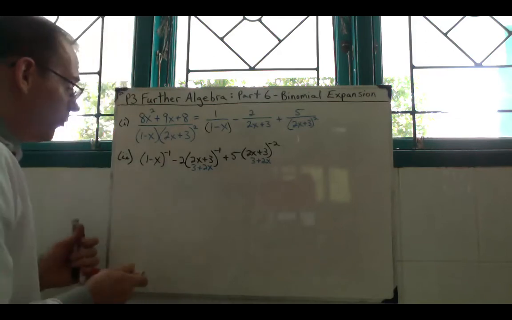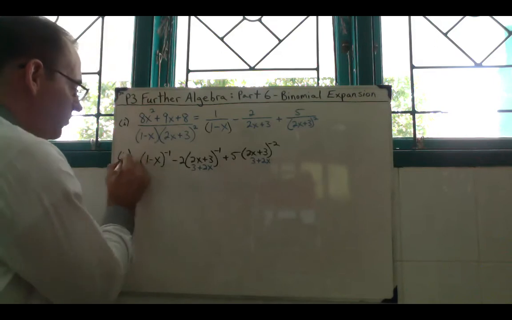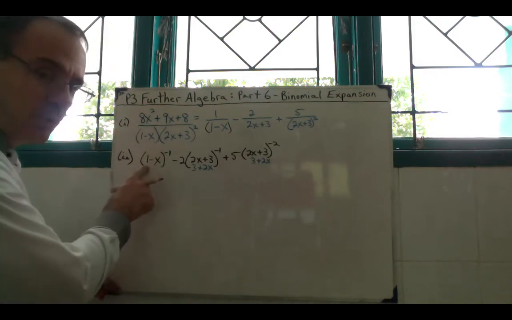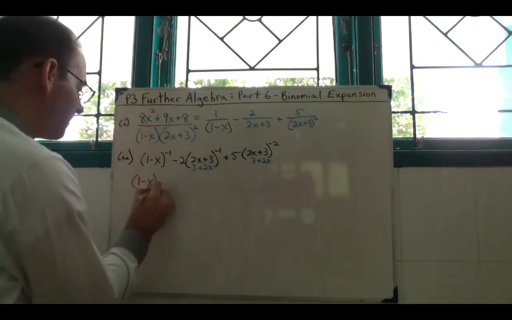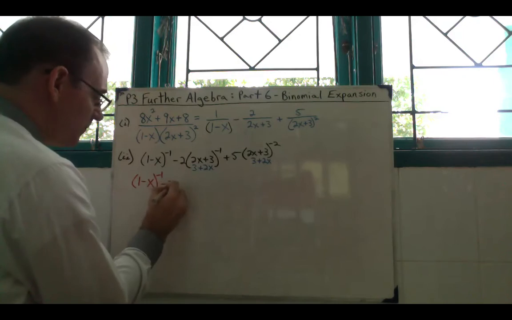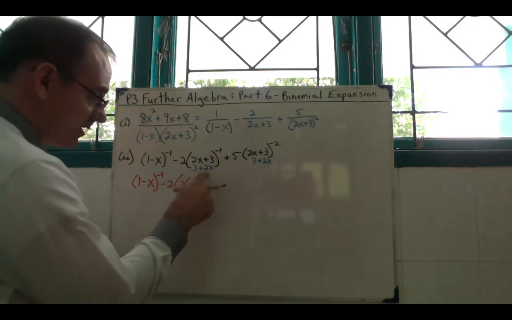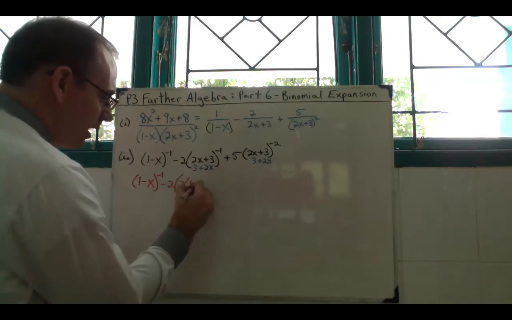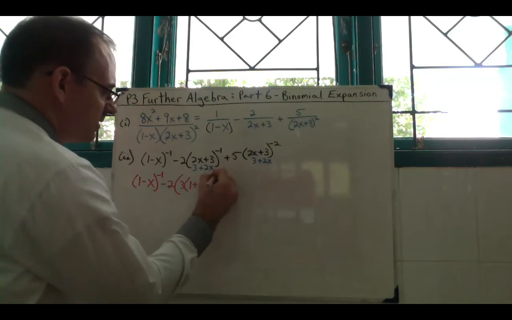Okay, so now we're going to factor these. This one is already okay. We already have a 1 in the front, so this one we don't have to do anything with. This one we need to factor out the 3. So we're going to factor out the 3 from these. That gives us a 1 plus 2/3 x to the negative 1.